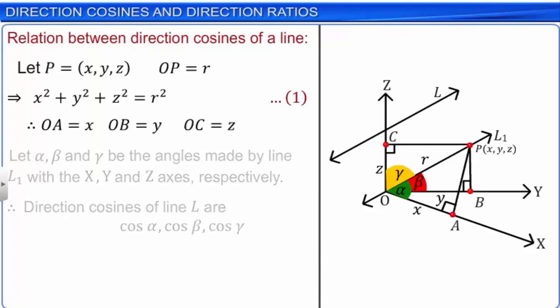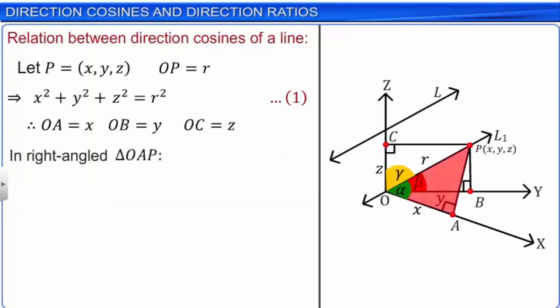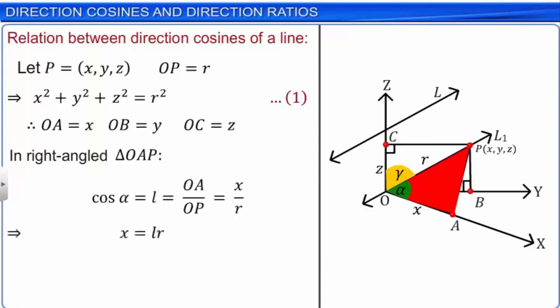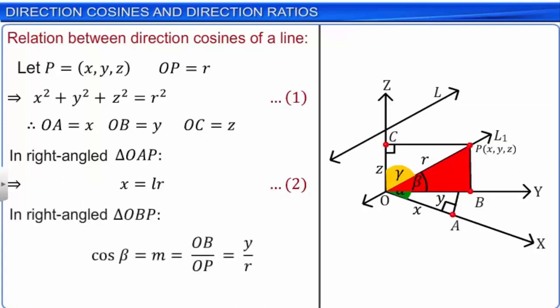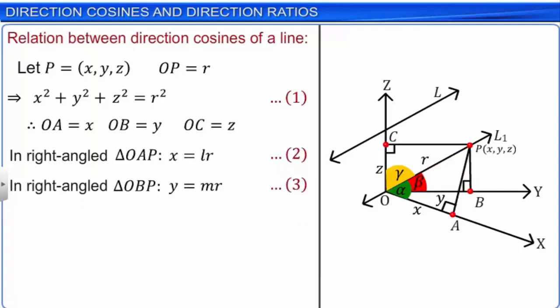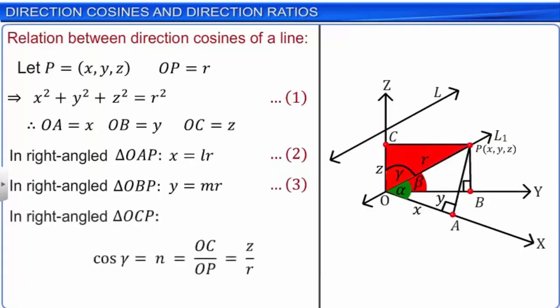In right-angled triangle OAP, cos alpha is equal to OA upon OP, or x upon r. This gives us equation 2. Similarly, finding the value of cos beta from right-angled triangle OBP, we get equation 3. The value of cos gamma from right-angled triangle OCP gives us equation 4.